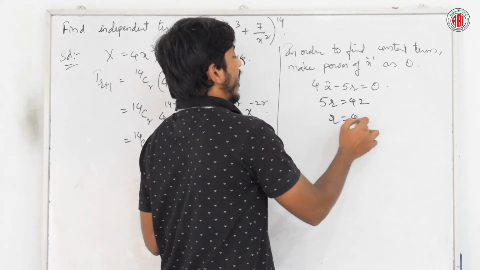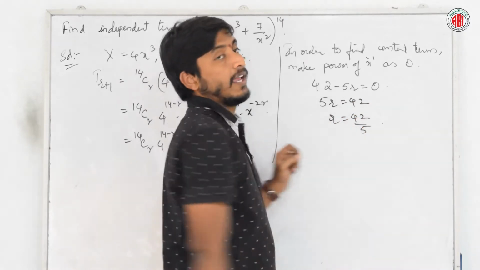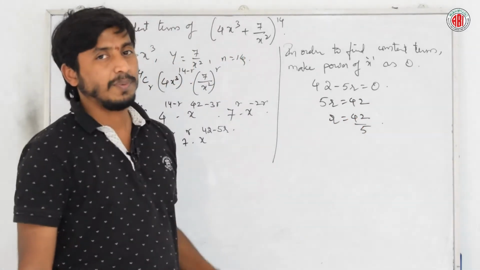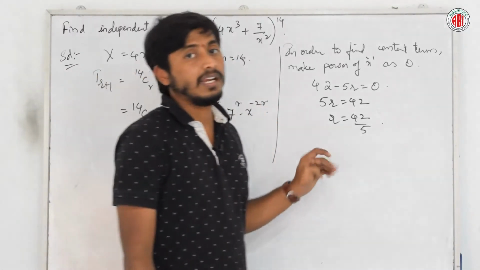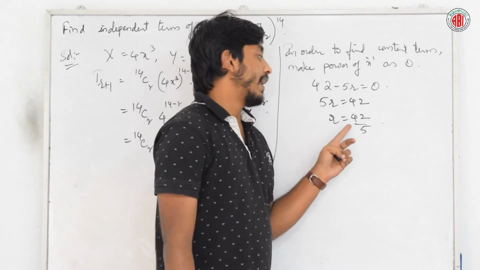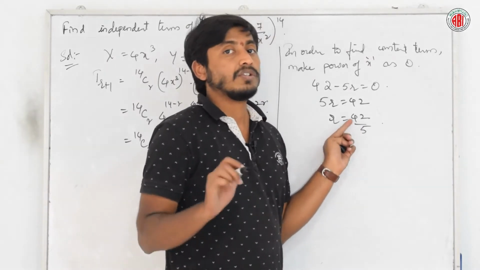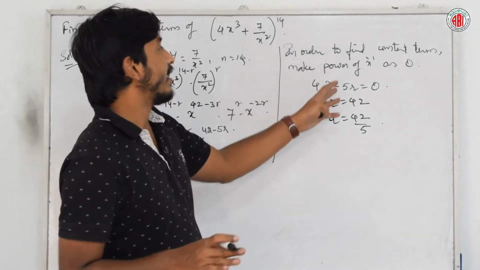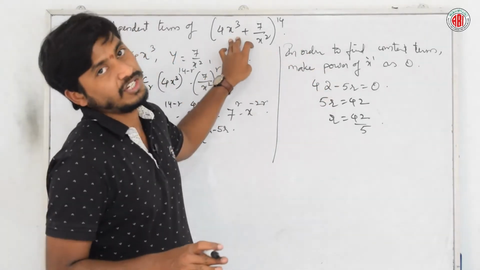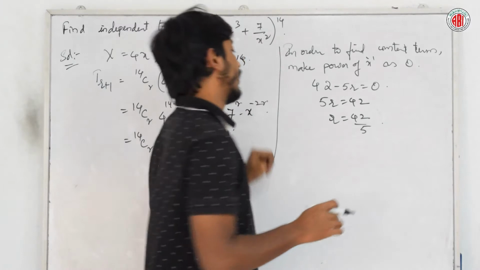What is the value of r? 42 by 5. So what does this mean? Check again, we didn't make any mistake here, right? Then r itself is not an integer. So there is no chance of getting a constant term for this expansion, right?